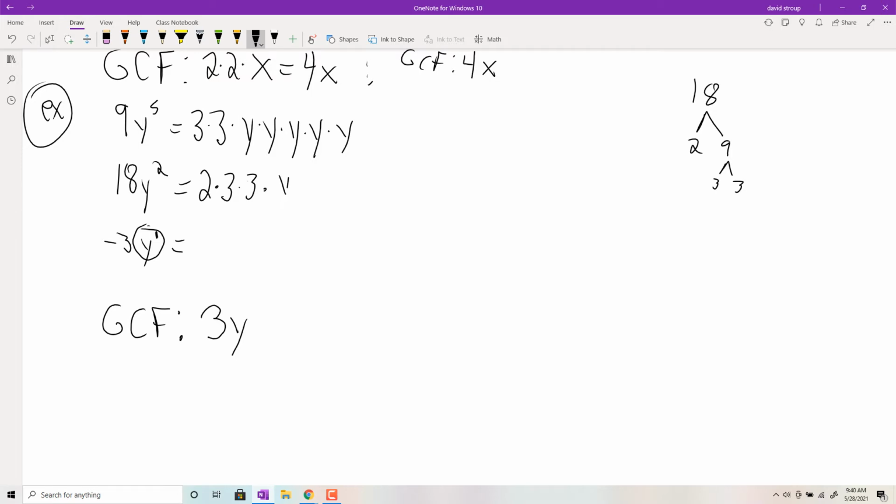And then y squared, that's just y times y. And then finally, negative 3y, you could write that as negative 1 times 3 to factor out the negative part. And then you'll have a y. So circling the common parts, there's a common 3 to all of them. So there's my 3. And then each one has a factor of y. Okay. So 3y.